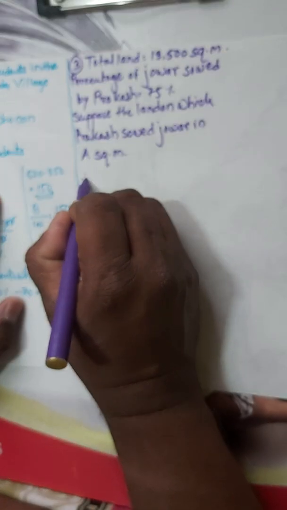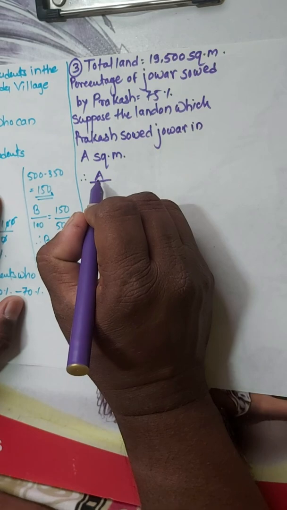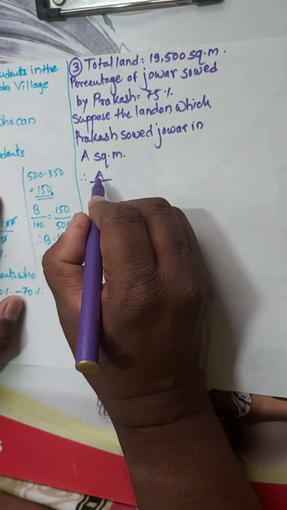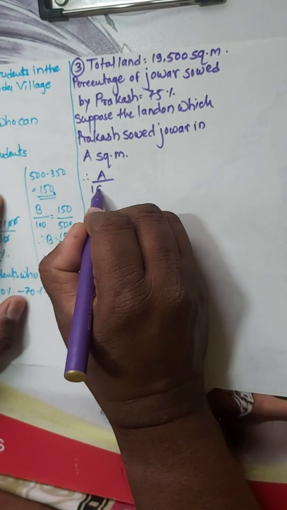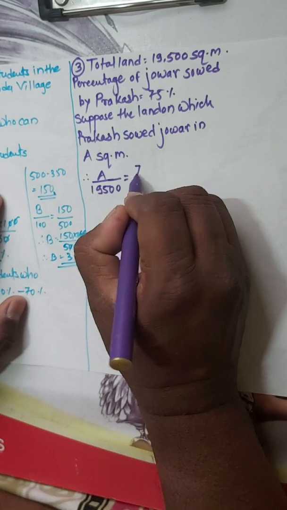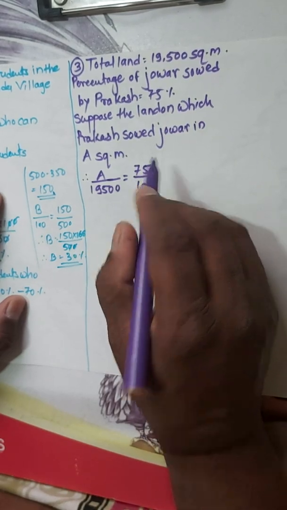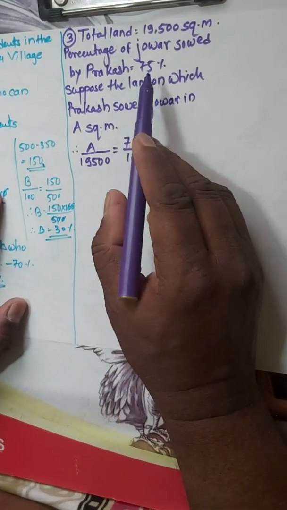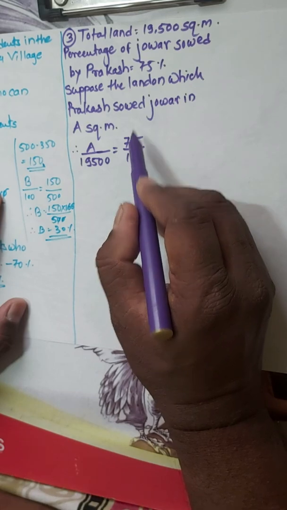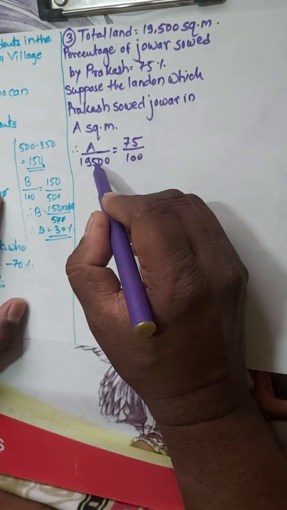Then we'll write our equation. Therefore now see here, A we have to find, and the percentage is given, so A upon 19,500 is equal to 75 upon 100. See students, why I write here, because percentage already given 75%. So how can we write this percentage in the form of fraction? So 75 upon 100.